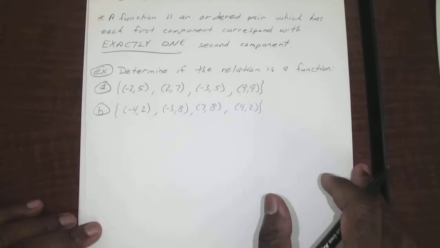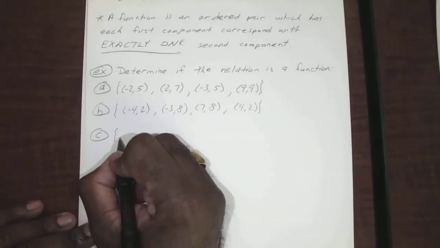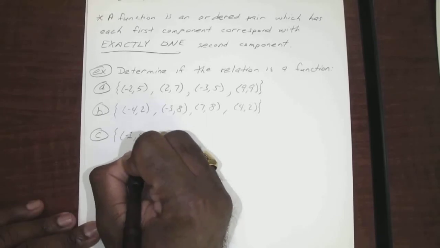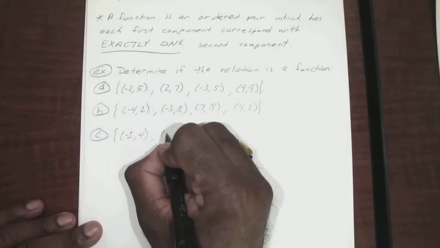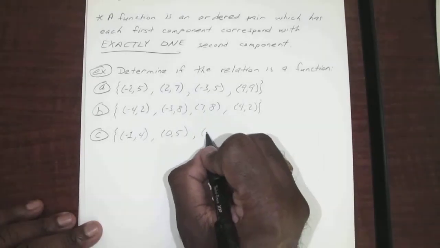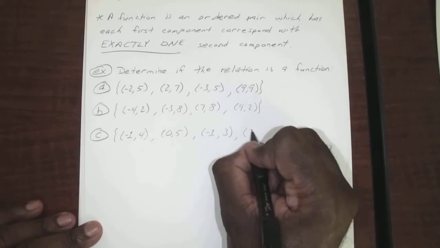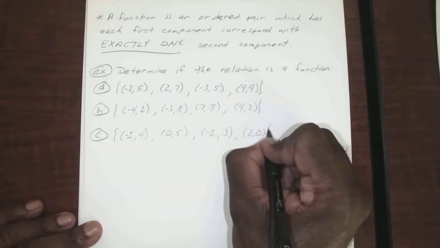And let's say for problem C, you have (-1, 4), (0, 5), say (-1, 3), and (2, 0).